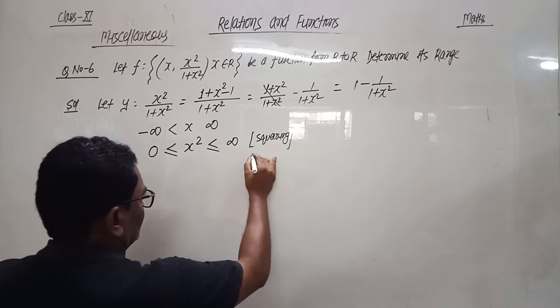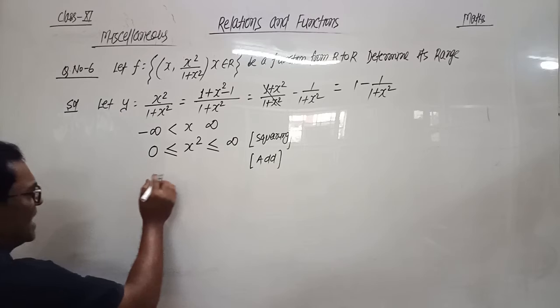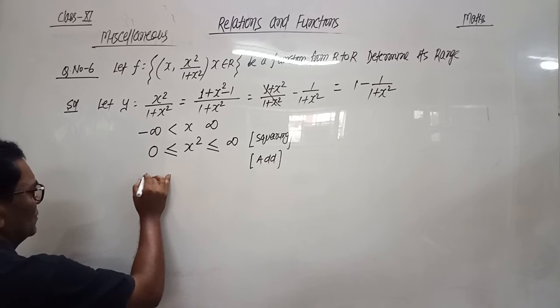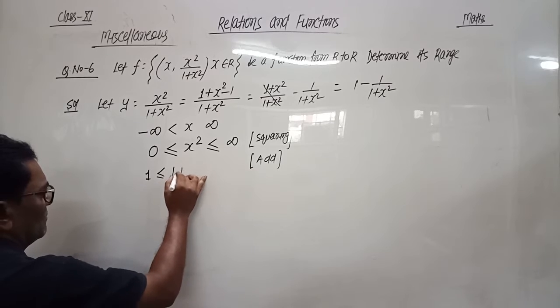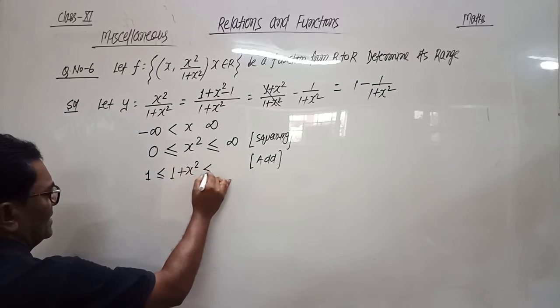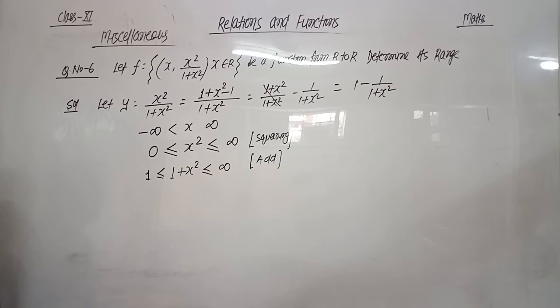Now add 1 in each of them. So 1 plus 0 becomes 1, so 1 is less than or equal to 1 plus x squared, which is less than 1 plus infinity, which gives infinity.